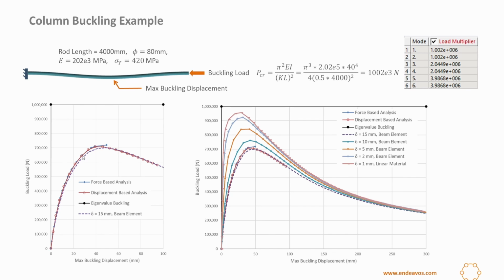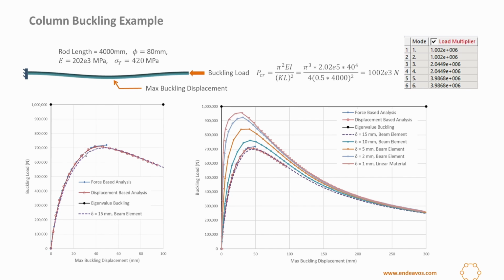If you look at this chart, the force-based and the displacement-based analysis are identical. So you can see up to this point where the buckling initiates, the two curves are pretty much on top of one another. This value, I would say, is incorrect. I mean, at this point, the solution started to get into convergence issues.